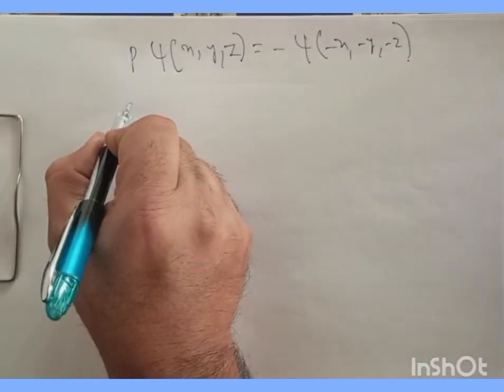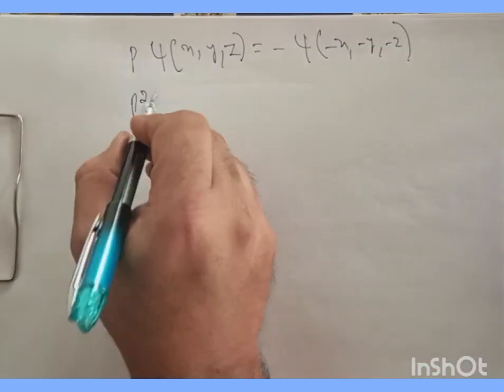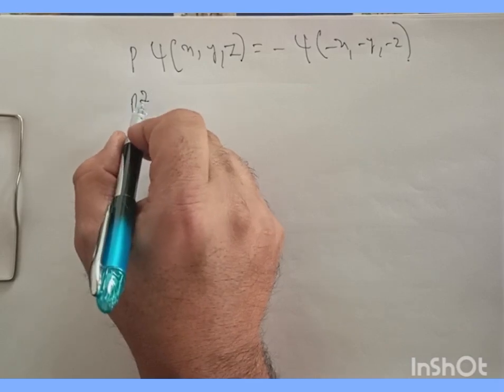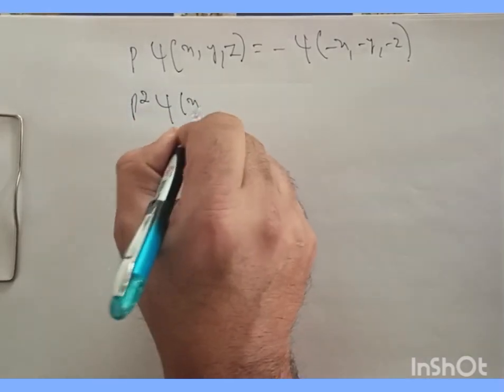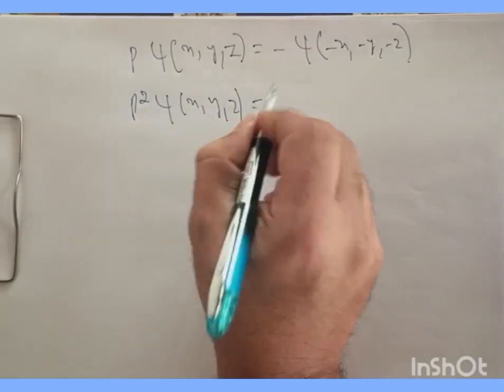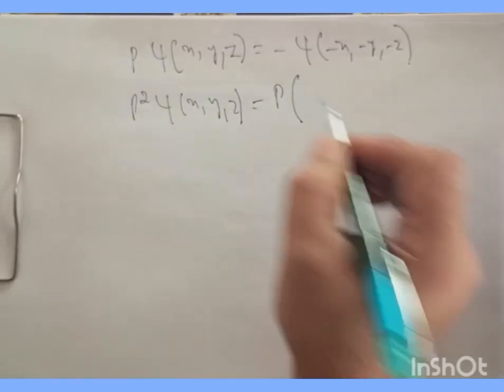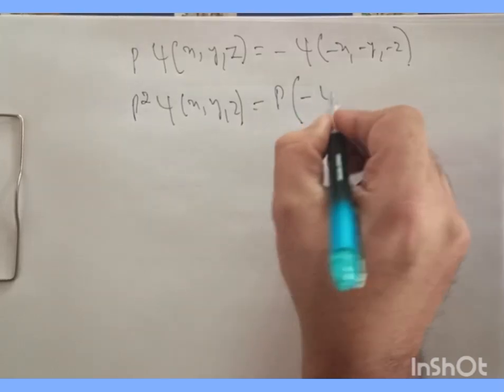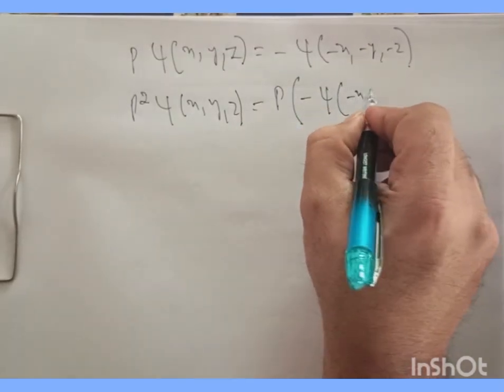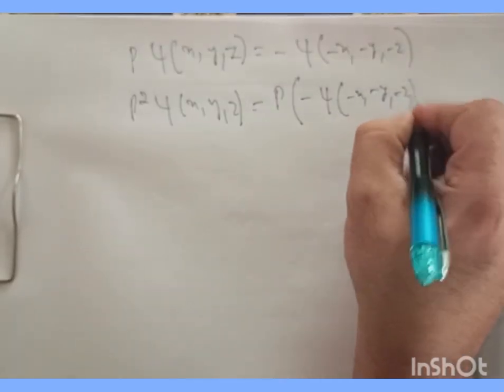Now, if I take another parity, P squared of psi of x, y, and z is going to give me the P of this minus psi of minus x, minus y, and minus z.